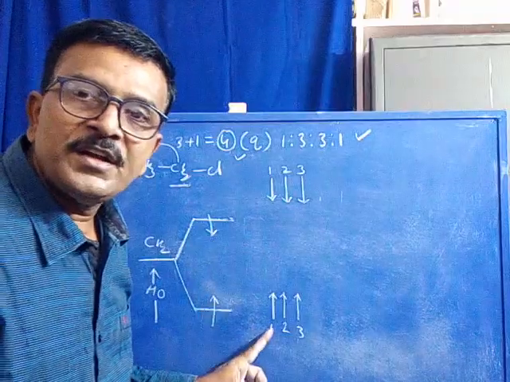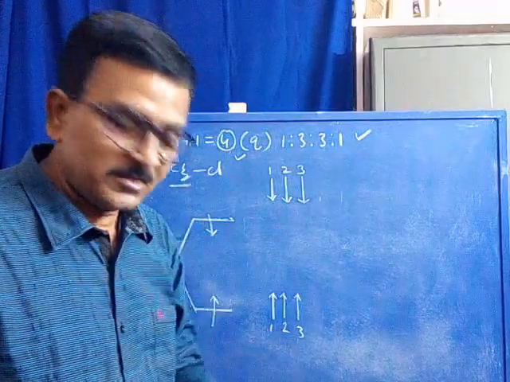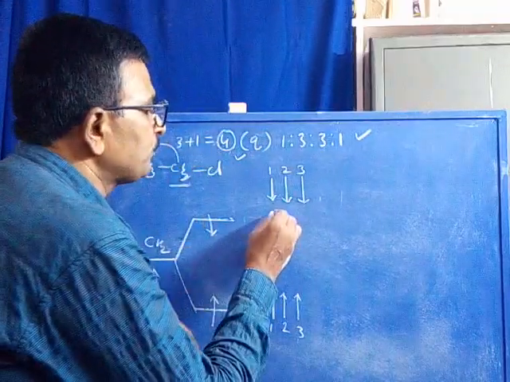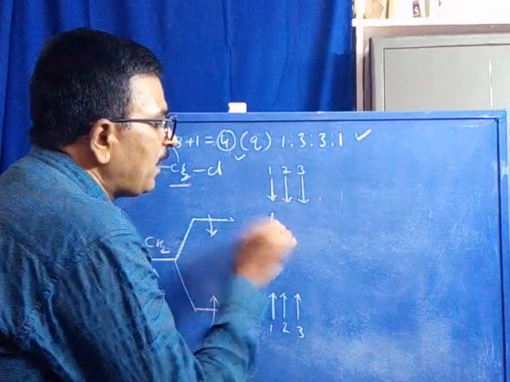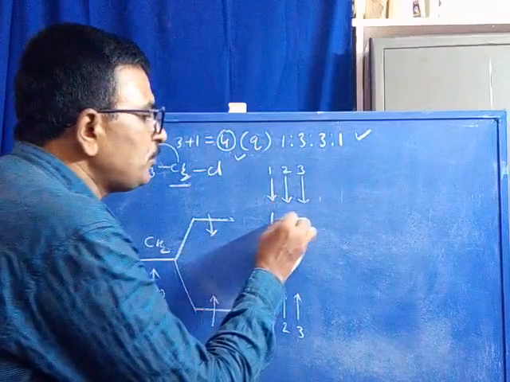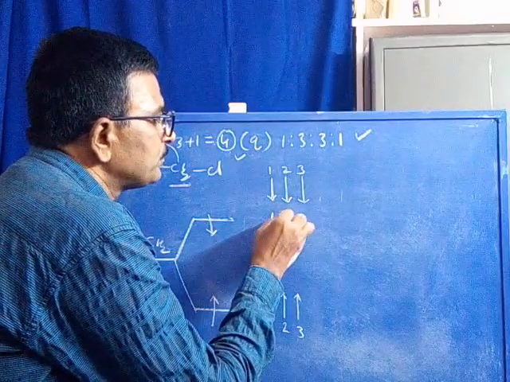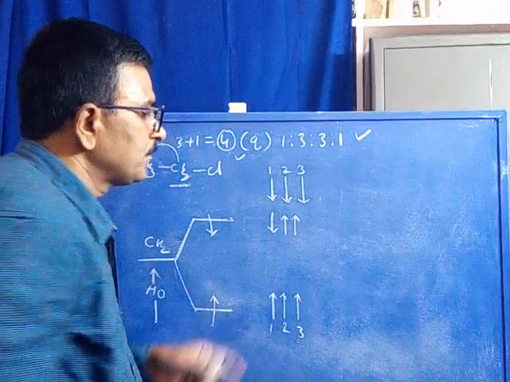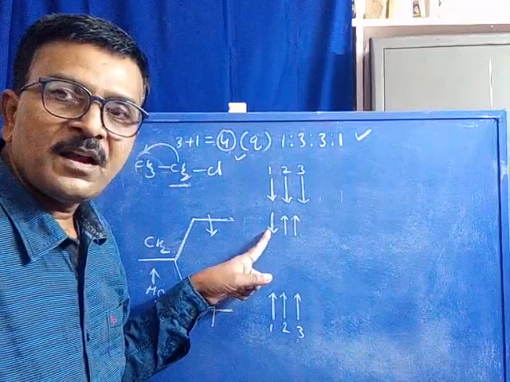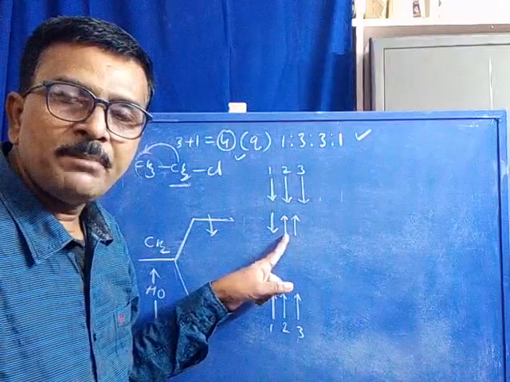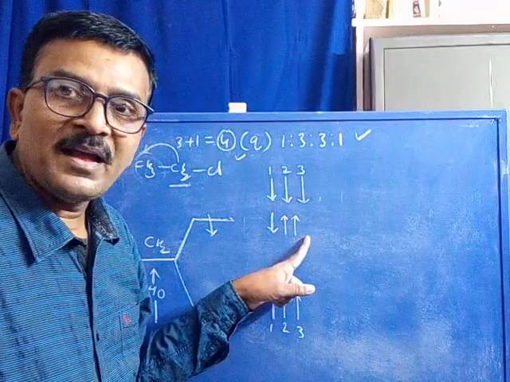These are the two orientations. Let us find out the other possibilities. Now, first proton parallel, second anti-parallel, third anti-parallel.